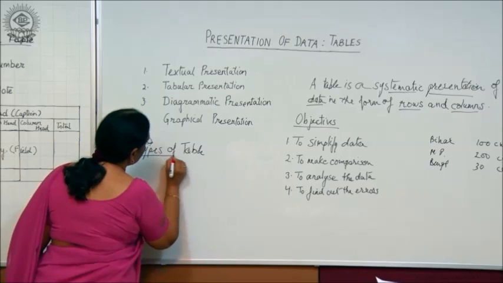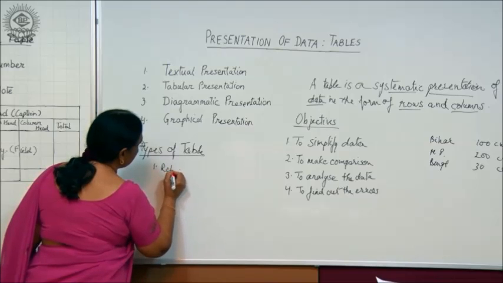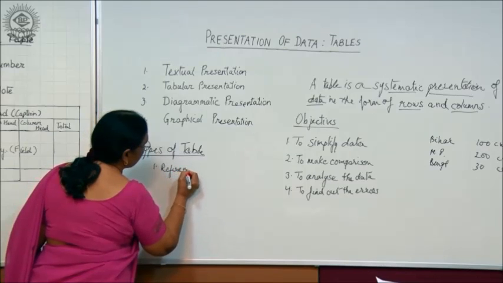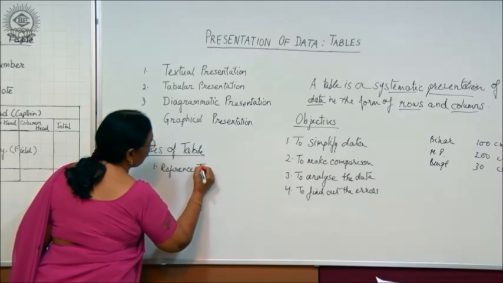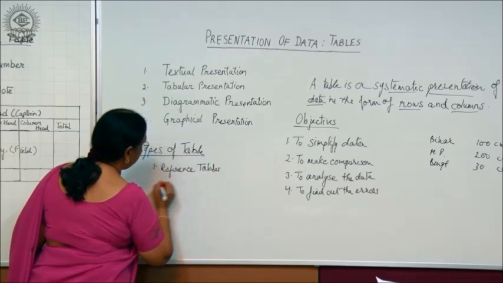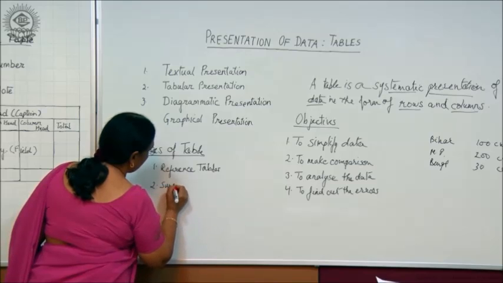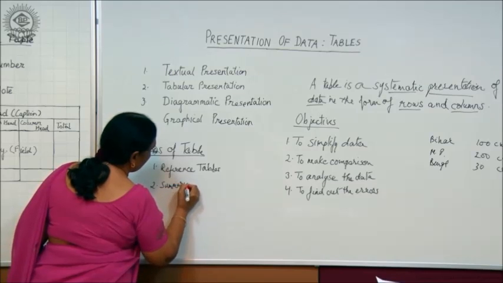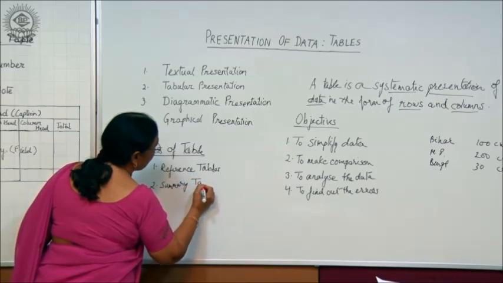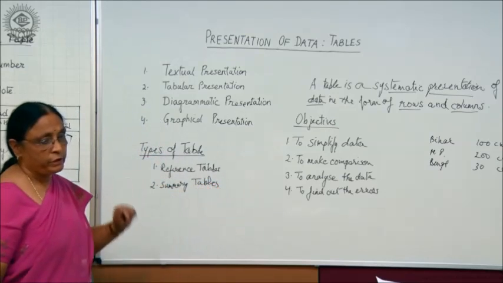Another term, these are 2 types, reference tables and second is summary tables. Now, what do you mean by these 2 types of tables?